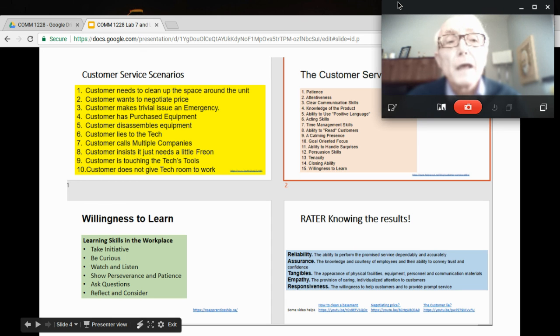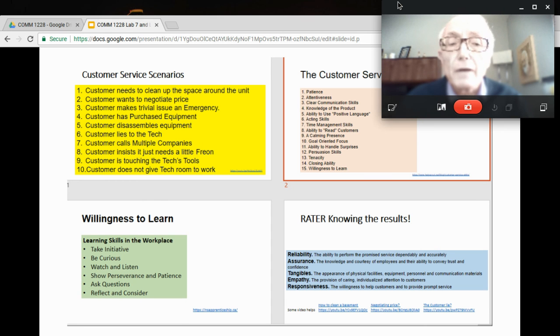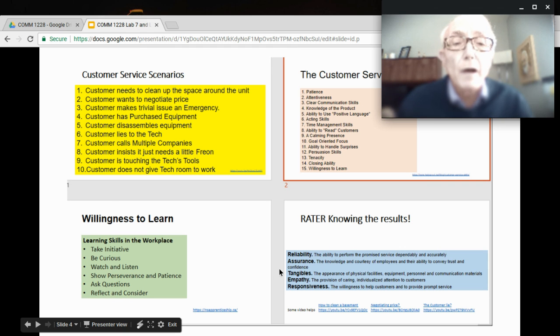And let's take a look at the rater results down here. And these are how a company might be measured by its customers. It would look at the people who work, their service techs, and try to measure their reliability, their assurance, how they appear, how they respond to the customers, and so on.